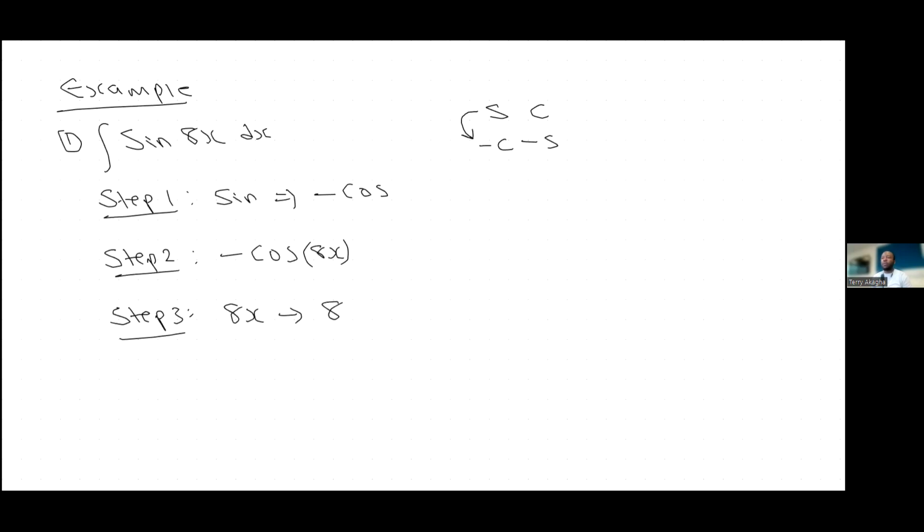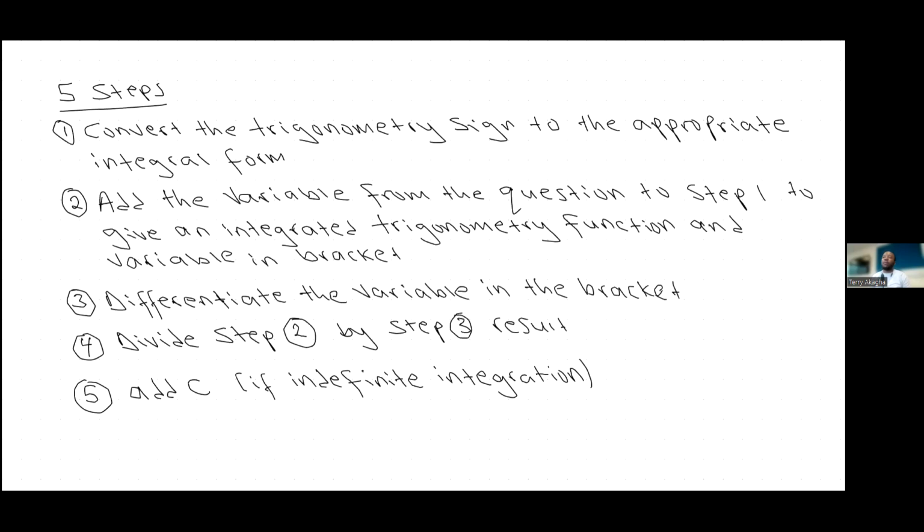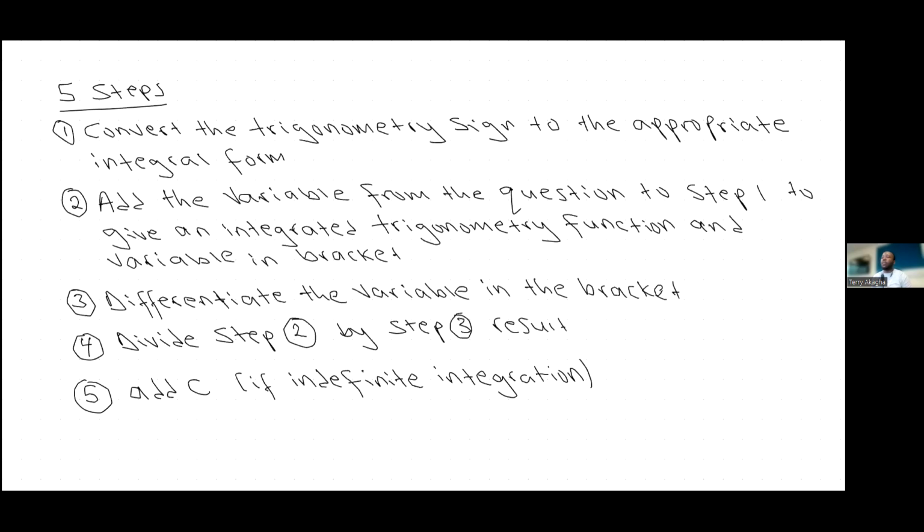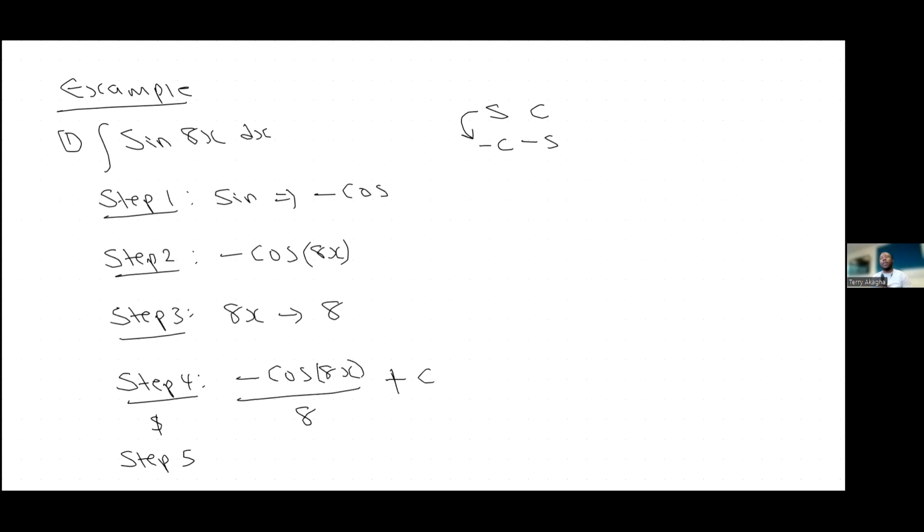Now step four, you have to divide step 2 by step 3 result. What we had from step 2 was minus cos 8x, divided by step 3, which was 8, and step 5, you add c to it. So you have to add plus c, and that's the answer for that.